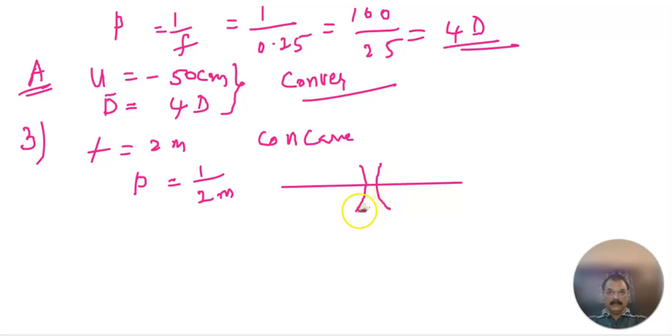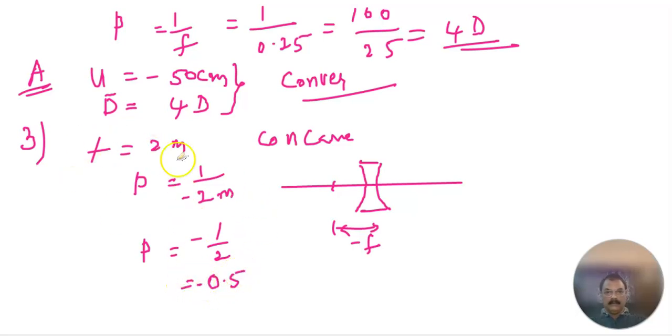The parallel beam diverges on this side, so here it is minus f. The power will become P equal to 1 by minus 2, that is minus 0.5 diopters. So for concave minus, for convex plus. That I already told you.